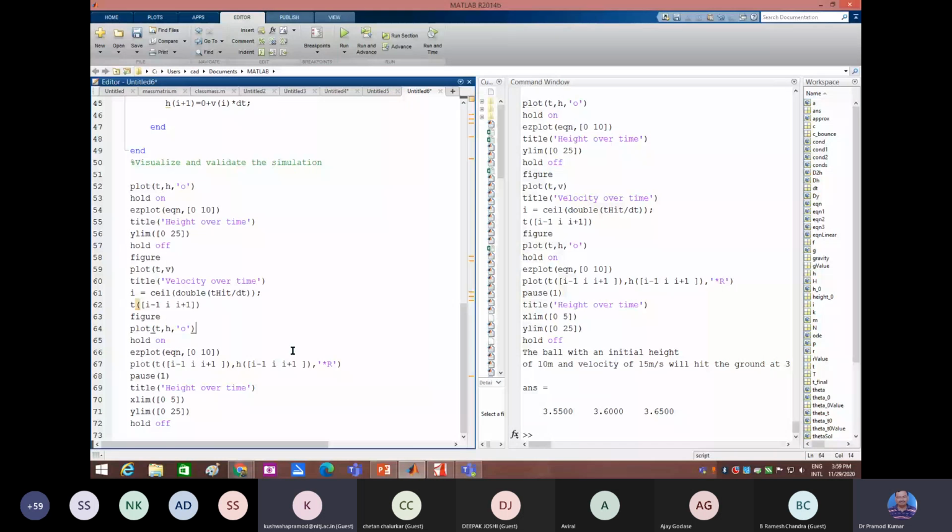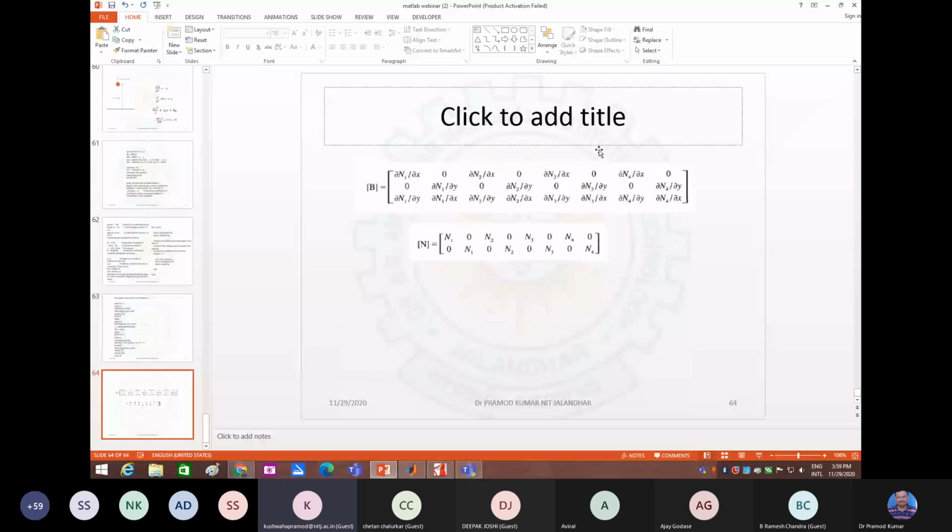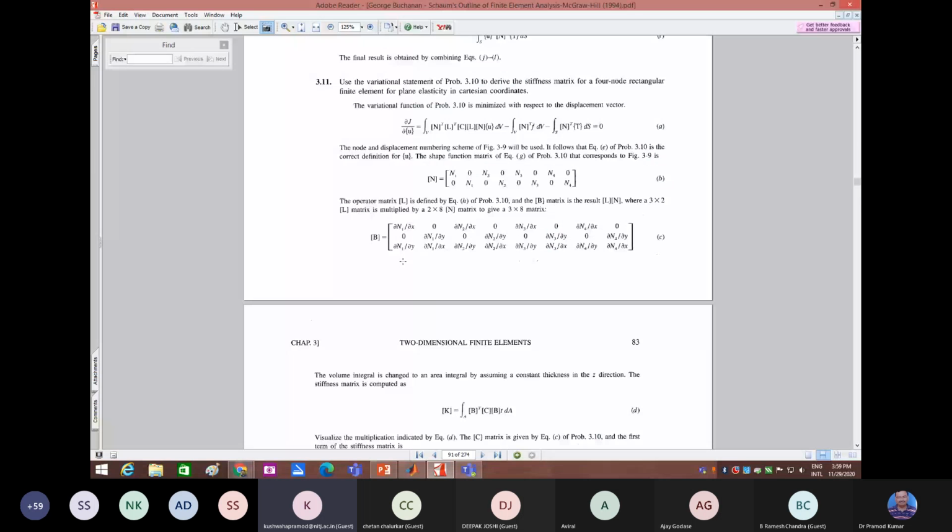Now one more thing which I wish to discuss with you, that this type of matrix we can handle in symbolic mathematics. This matrix we can write, and we can solve this question of the stiffness matrices in the finite element.